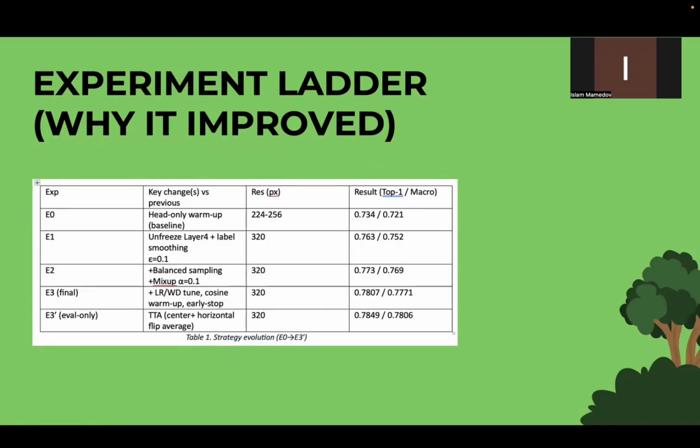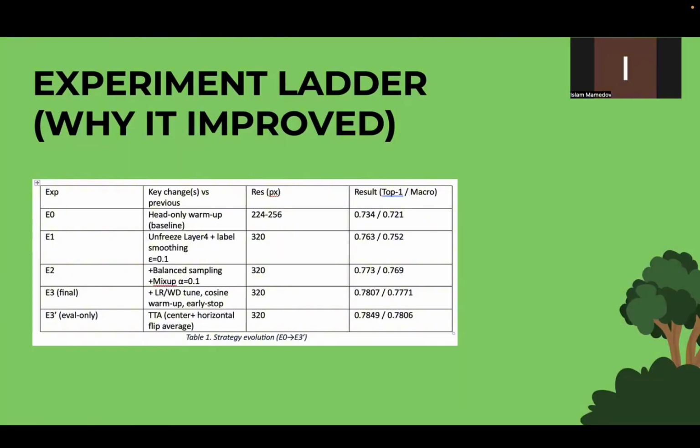For the experiment ladder, here is the story. Evaluation 0 at 224 pixels in width and 256 in height is equal to 0.7034 slash 0.721. Evaluation 1, unfreeze layer 4 plus smoothing at 320 pixels, 0.763 slash 0.752. Evaluation 2, balanced sampling plus mixup, 0.773 slash 0.769.